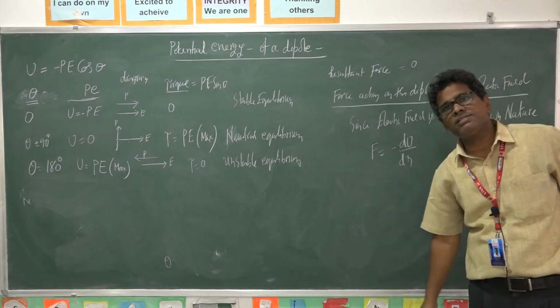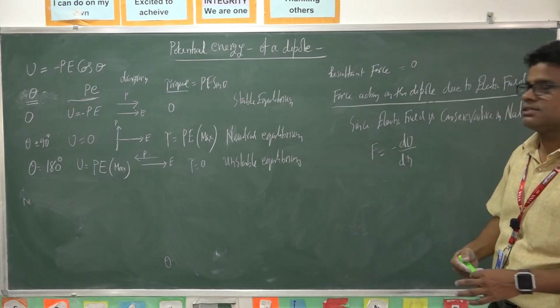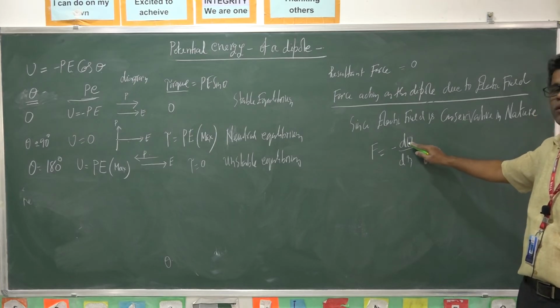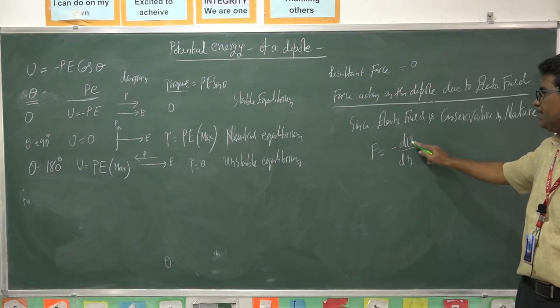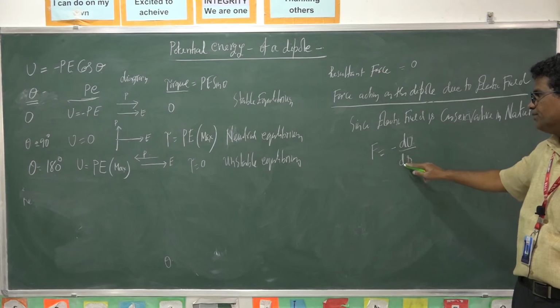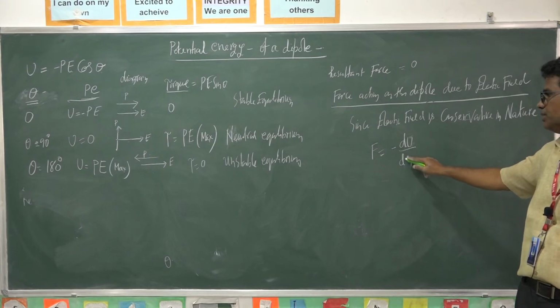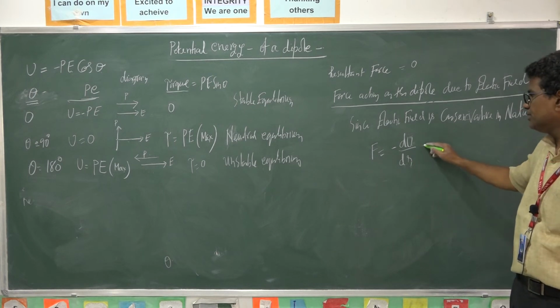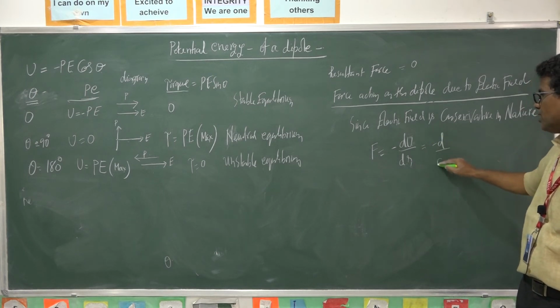So F is equal to minus dU by dr, that is, the negative potential energy gradient, the variation of potential energy with respect to distance. You differentiate and you will get the force. This is a very important formula.